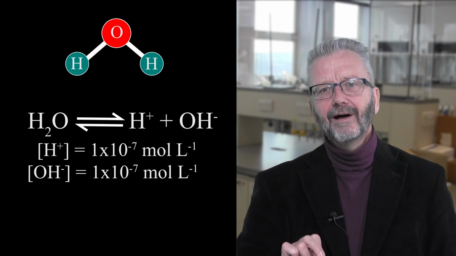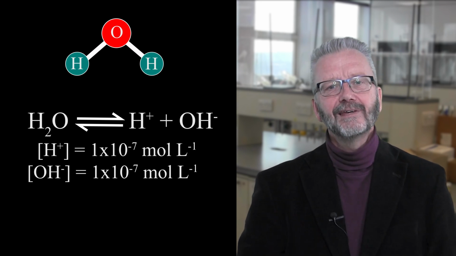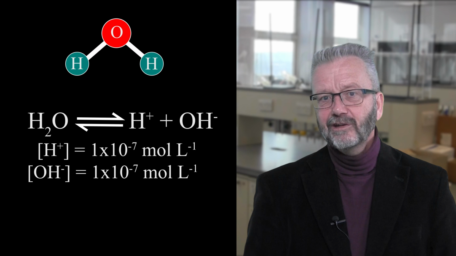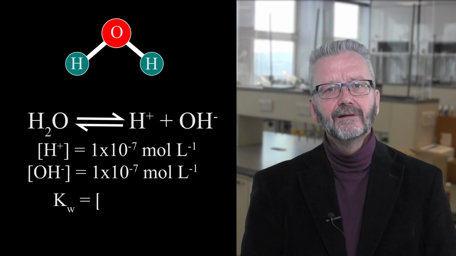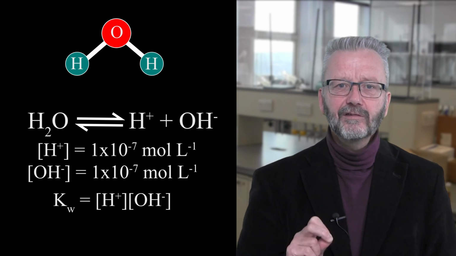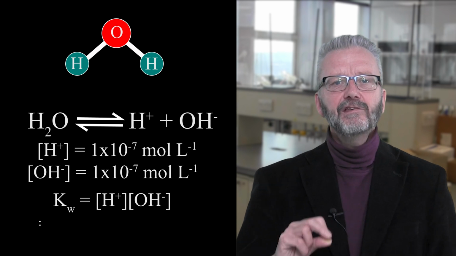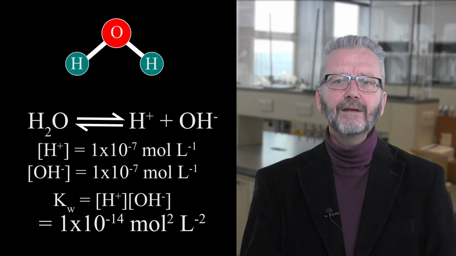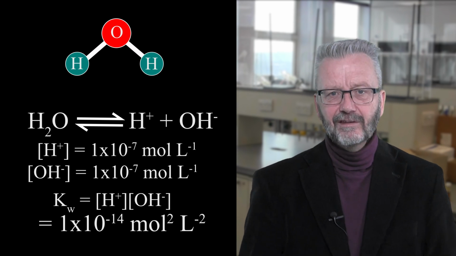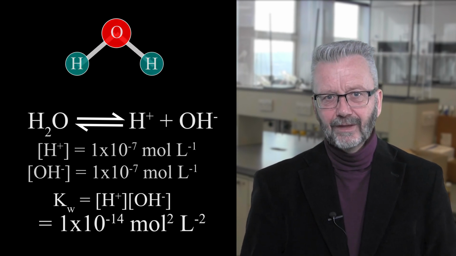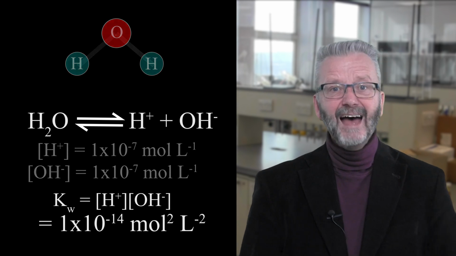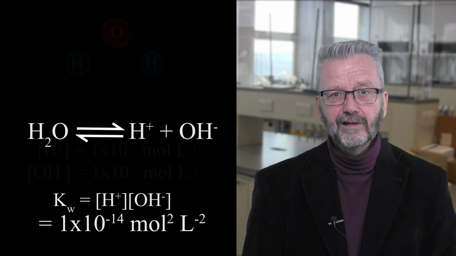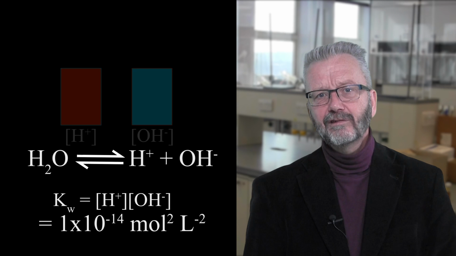If we multiply the concentration of the two ions together, forming what mathematicians would call a product, we get the ionic product of water. This is 1 × 10⁻¹⁴ moles squared per litre squared and is given the symbol Kw. Providing the temperature stays at or around 25 degrees C, Kw is a constant.